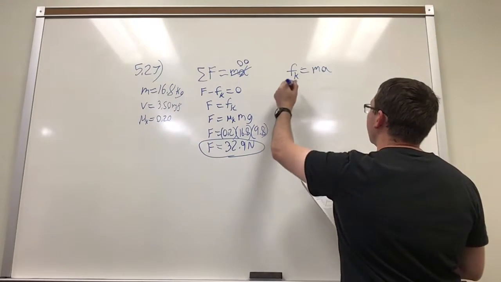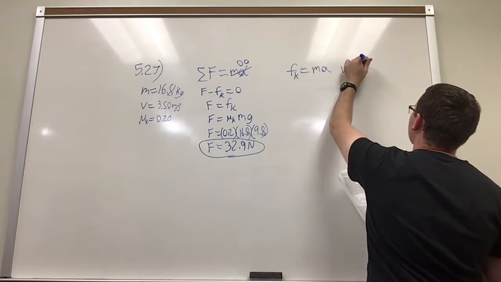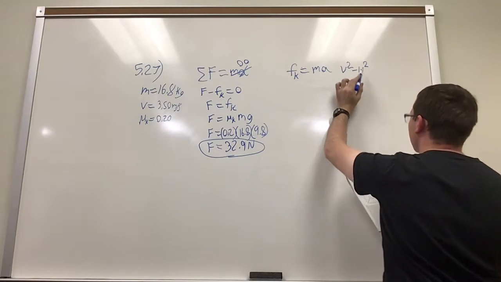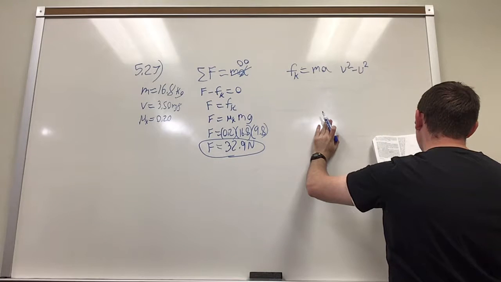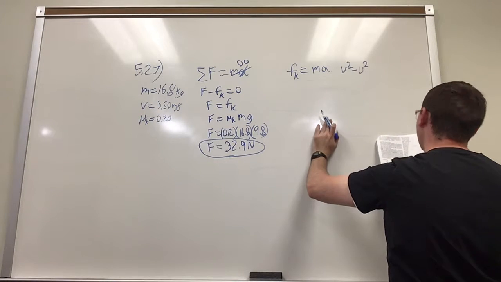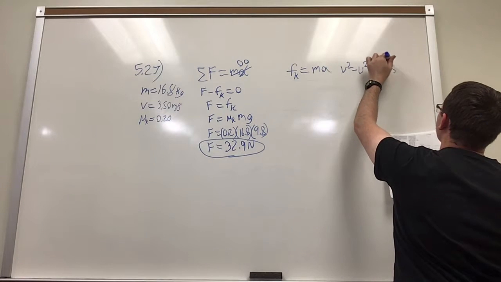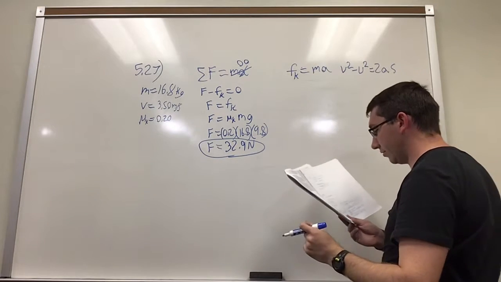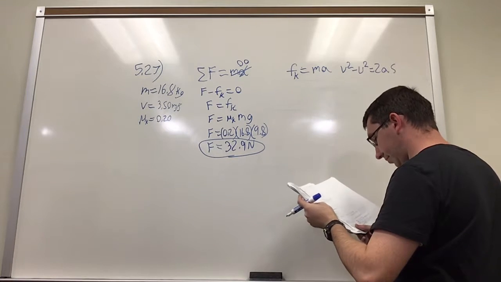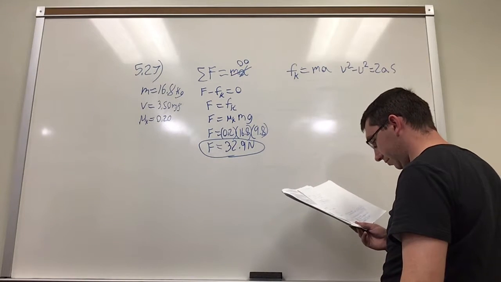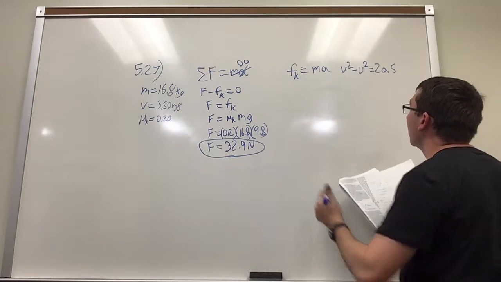We're also going to have to use the equation that the final velocity squared minus the initial velocity squared is going to be equal to 2 times the acceleration times the distance that it travels. And that's what we're looking for, the distance.